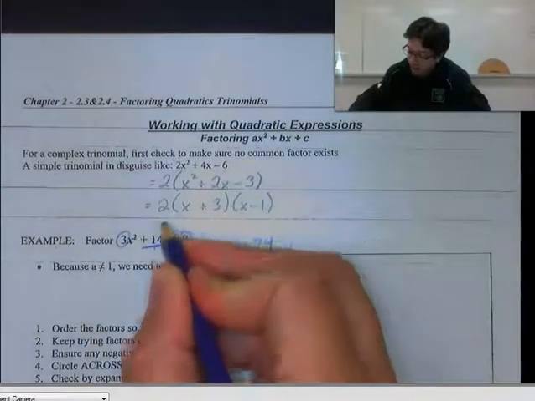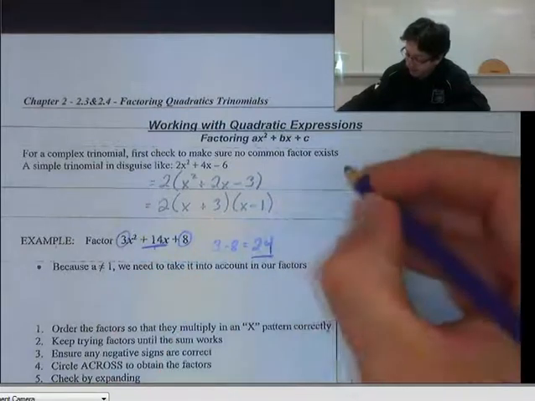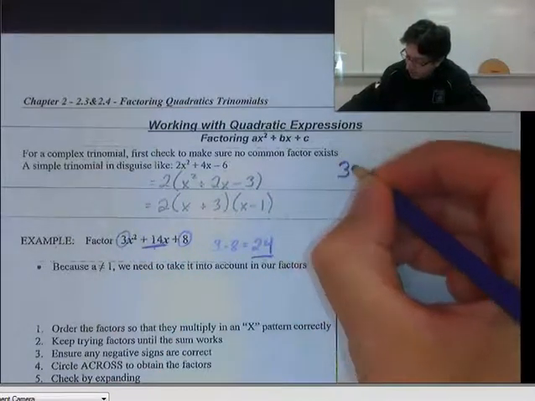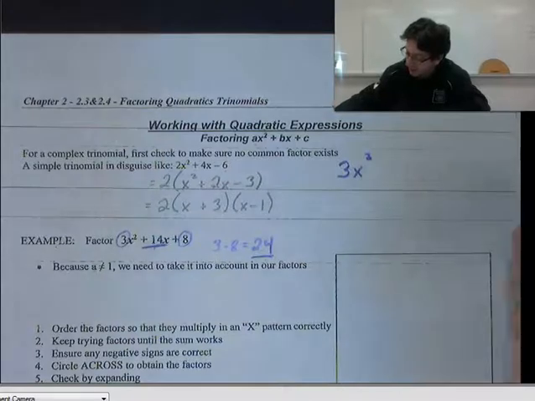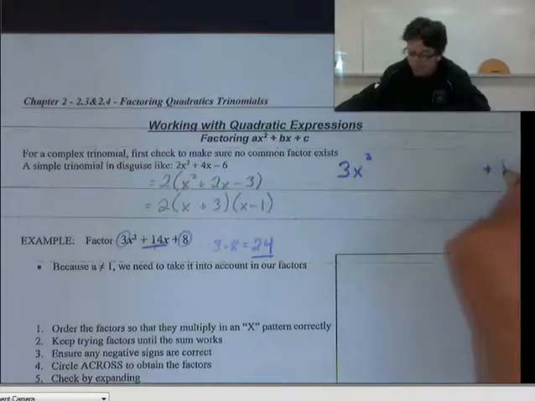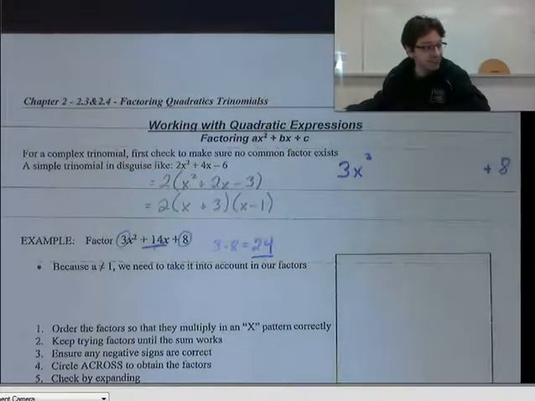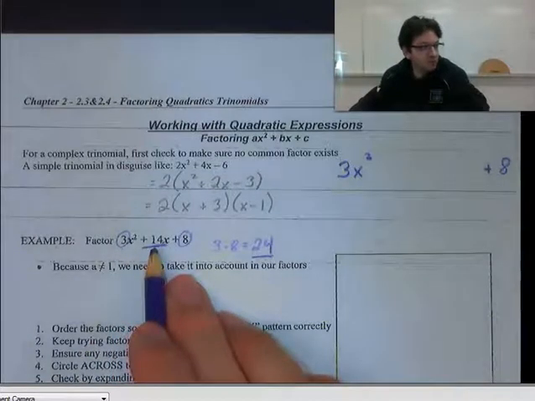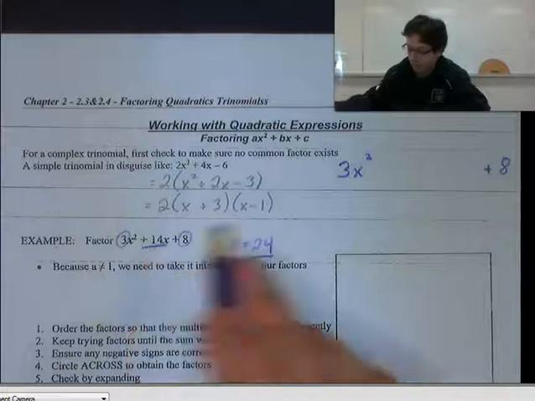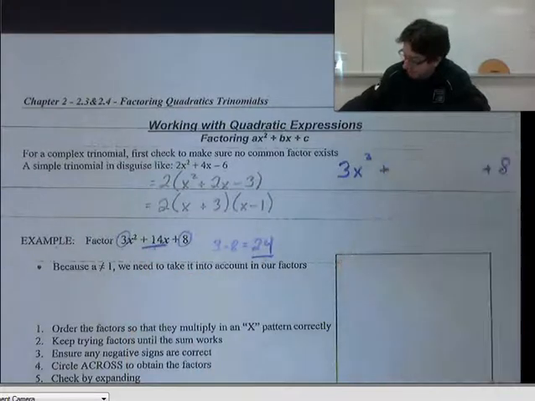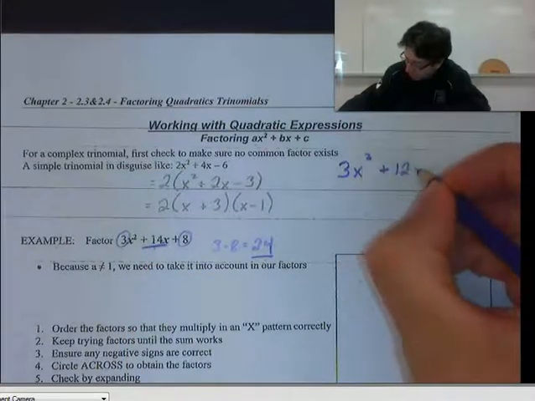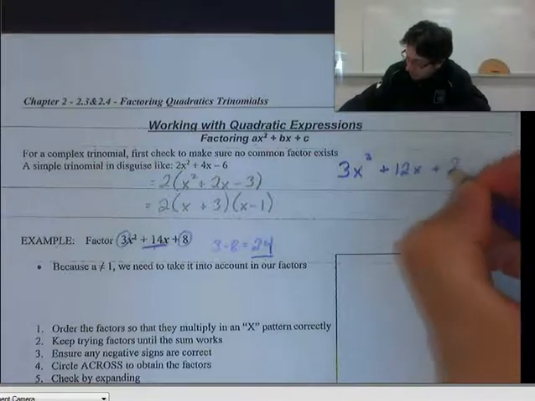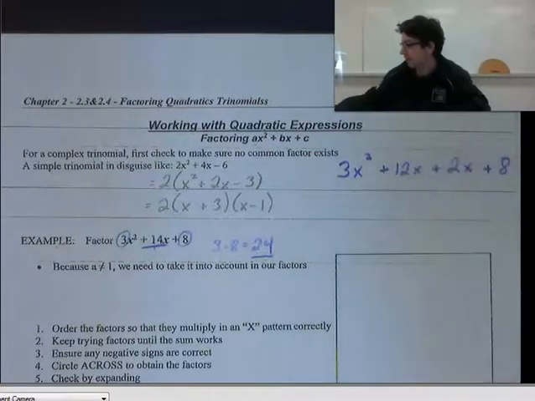So what we do then is we rewrite this, and I'm going to do it up over here. We would leave the first term as it is. We'd leave the last term as it is. And then the middle term, the 14x, we would split up into those two numbers, 12 and 2, both having your x variable with it. So plus 12x plus 2x. And then from this point, we would do factor by grouping.